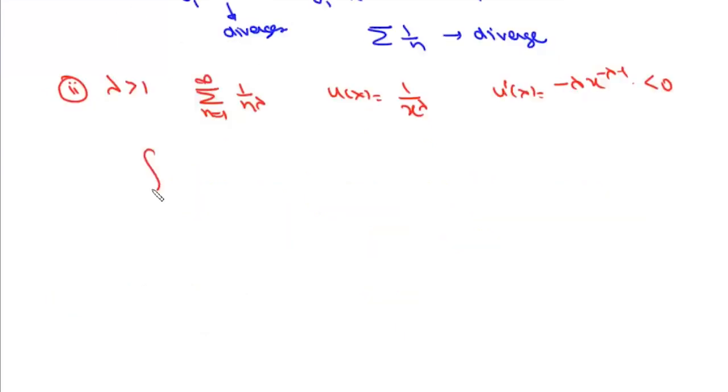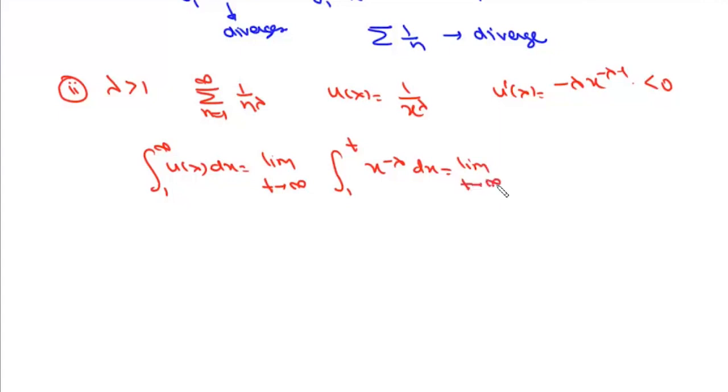So we'll find this integral from 1 to infinite u(x) dx, which we want to write as this limit t tends to infinite, the integral from 1 to t of x to the power minus lambda dx. That will be this limit t tends to infinite of x to the power minus lambda plus 1 upon minus lambda plus 1 from 1 to t.